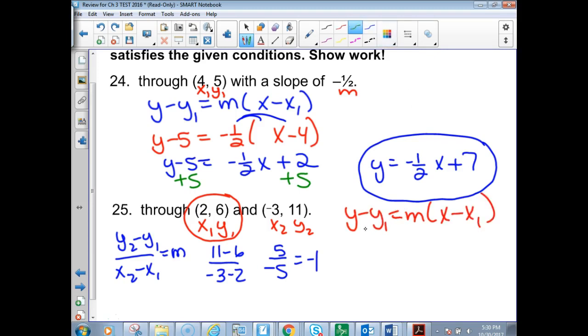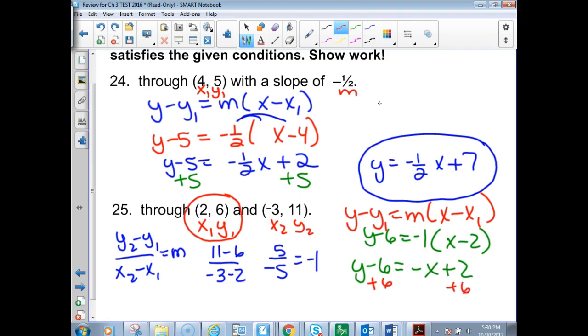And that would give me y minus 6 equals, and I put in a negative 1 for my m, x minus 2. I distribute the negative 1 over the x and the 2, giving me negative x plus 2. And then I would add 6 to both sides. And my final answer for this one, y equals negative 1x.